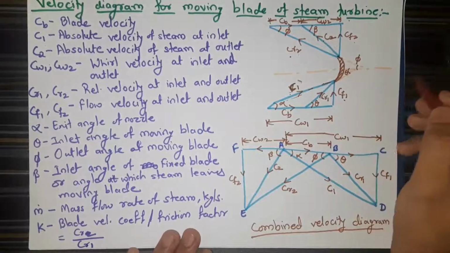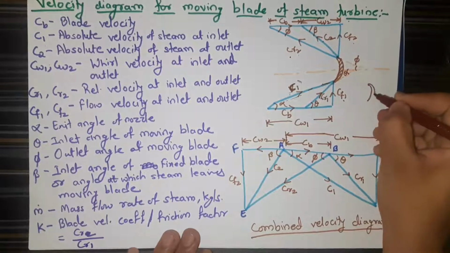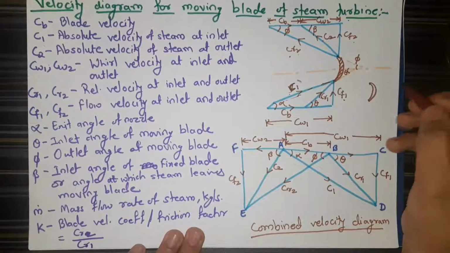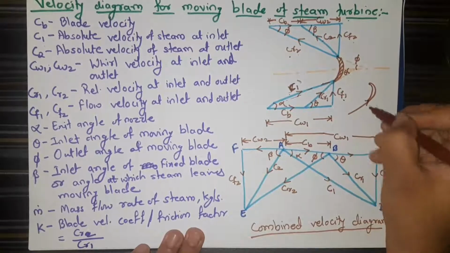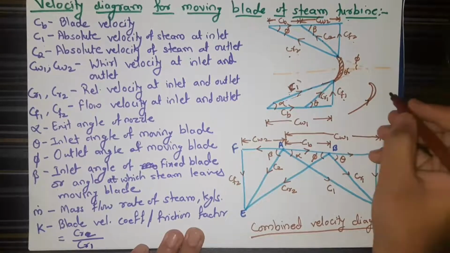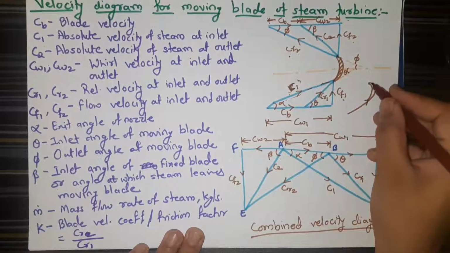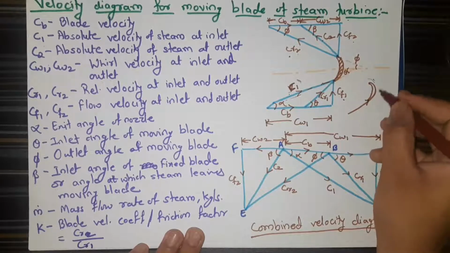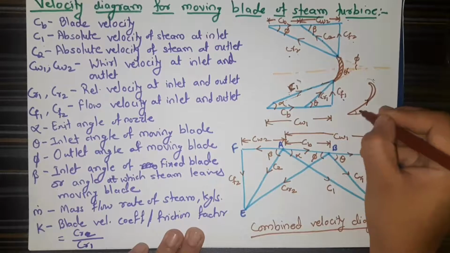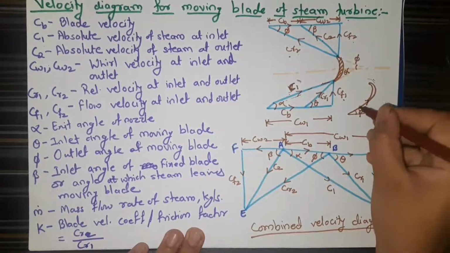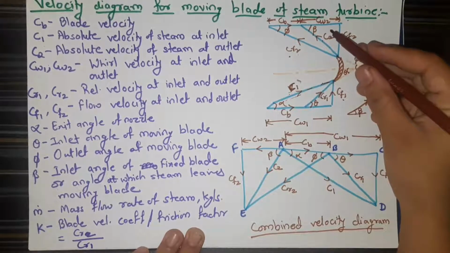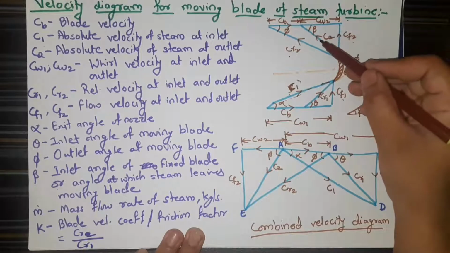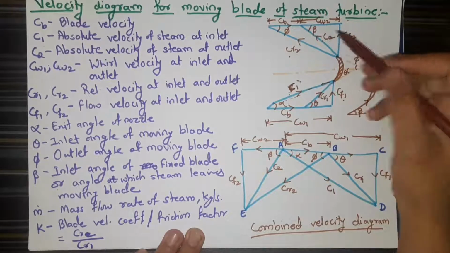While if it is a fixed blade, the inlet angle will not change even if when it is gliding over this fixed blade. So this angle will be beta, which is the angle at which the steam leaves the moving blade, or which is the angle made by the absolute velocity C2.